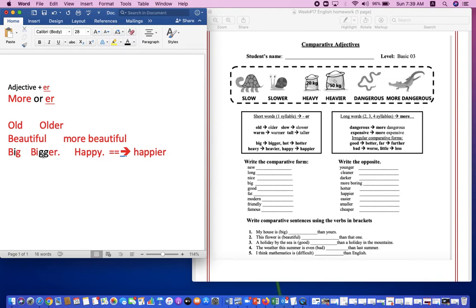Okay, let's have another example. If we have a vowel letter like hot, like the word with o, what shall we do? Yes, we have to double. Yes, we remember now. The o problem. So we make it like this: hotter.